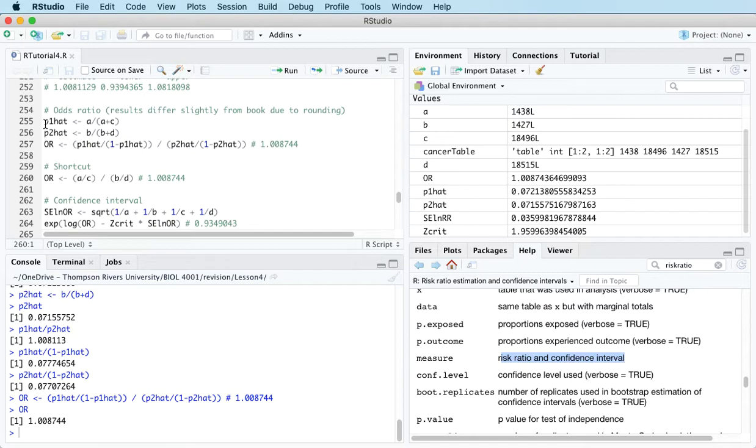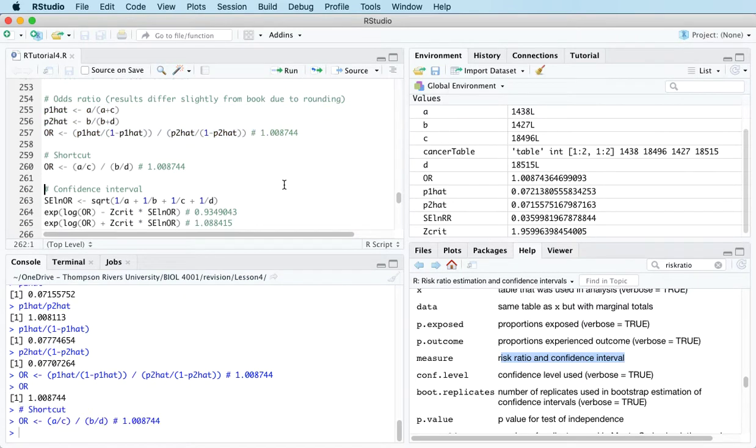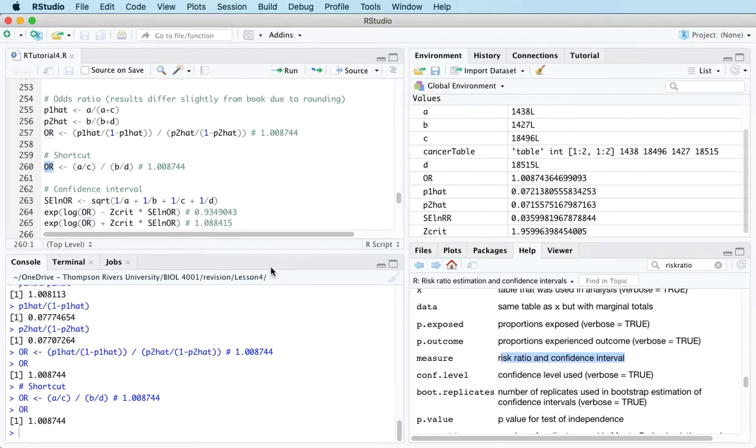This looks like a fairly complicated calculation. If you were to do some pen and paper calculations and work with the equations, you would actually be able to simplify the calculation to this. It ends up the same. So this is just like a shortcut formula.